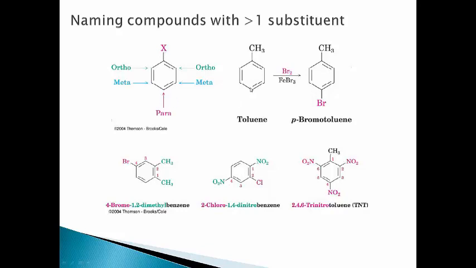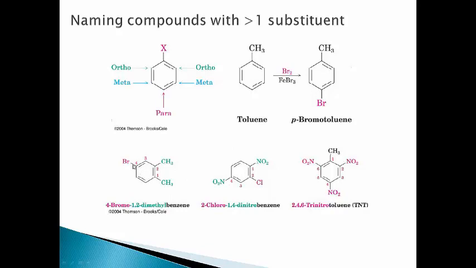So let's have a look at some examples. So our parent molecule toluene, we're brominating the compound. We'll learn about these reaction conditions a little bit later on. So we've got our toluene, and then we've brominated it, and it's in a para position. So it's para-bromotoluene.